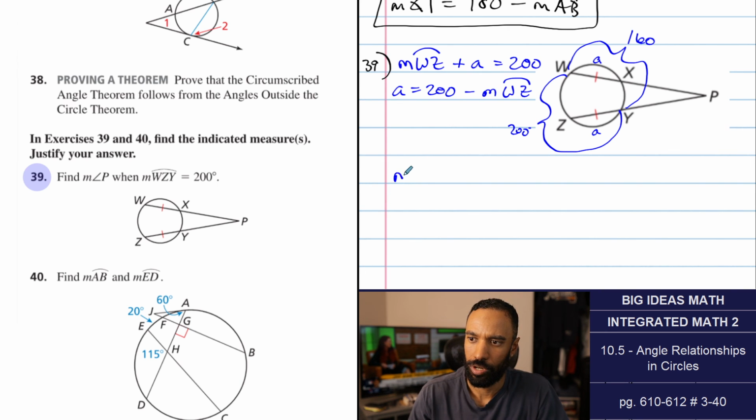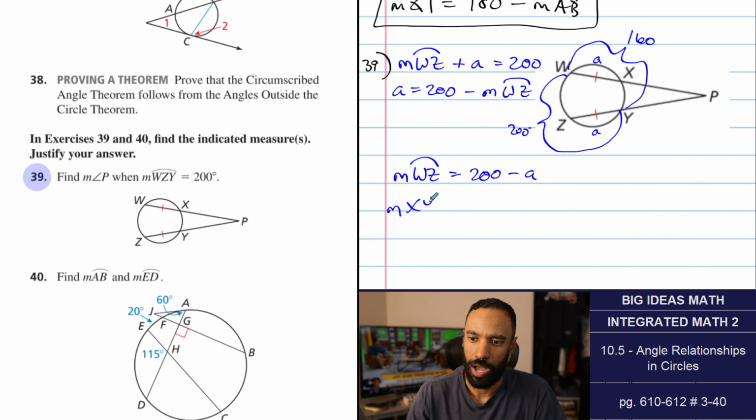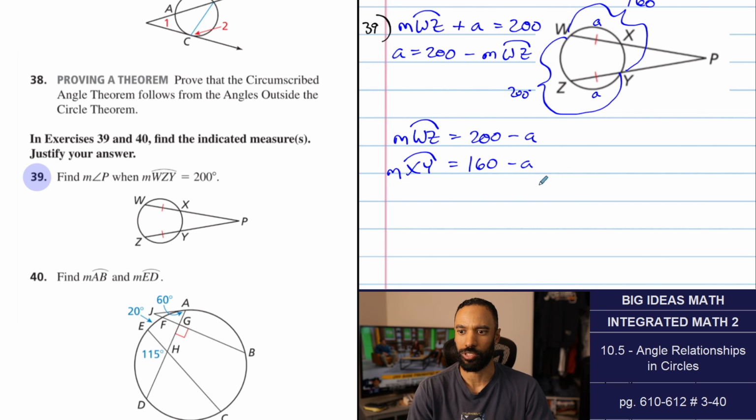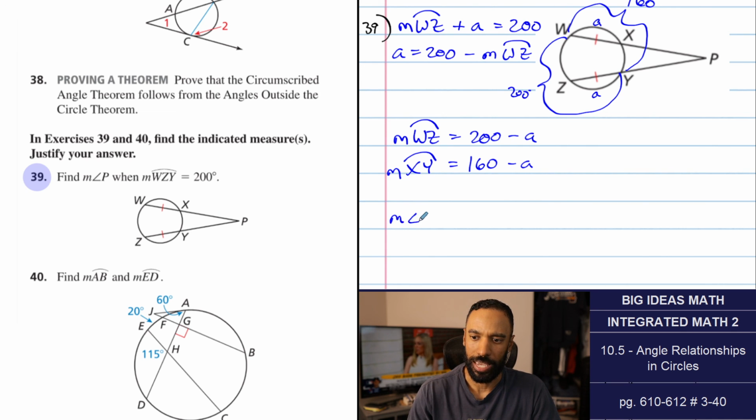I'll do it like this. Measure of arc WZ, because it's all about WZ right now. Measure of arc WZ is 200 minus A, and measure of arc XY is 160 minus A. Maybe these will cancel out. I think the A's will cancel out here. So the measure of angle P, let's get rid of this. I don't think I need this one.